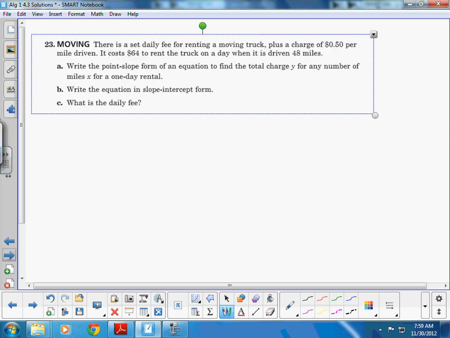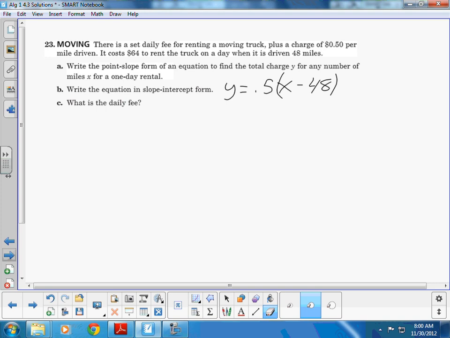The B part is y equals 1.5 times the quantity x minus 48 is what they have, x plus 40. All right, and then C, the important part is that you get $40.